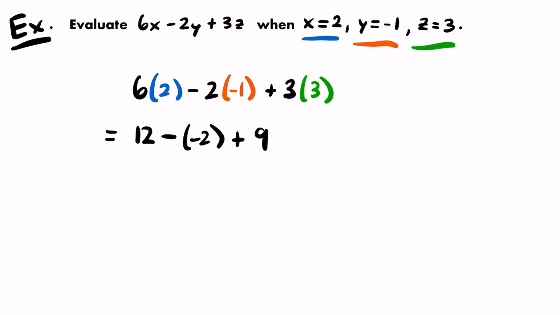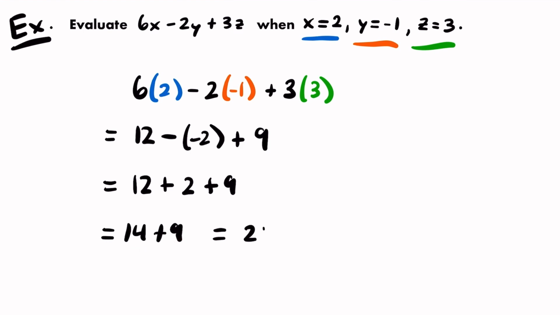In other words, those negatives cancel each other out, and we'll have 12 plus 2 plus 9. And 12 plus 2 is 14, so this is equal to 14 plus 9, and 14 plus 9 is equal to 23. All right, so 23 is the value of this variable expression when x equals 2, y equals negative 1, and z equals 3.